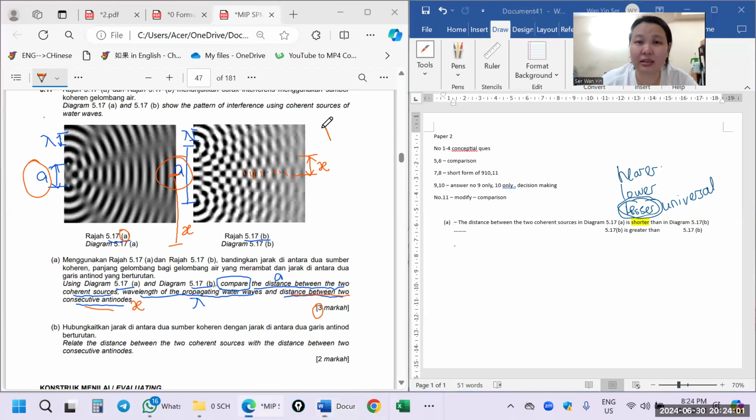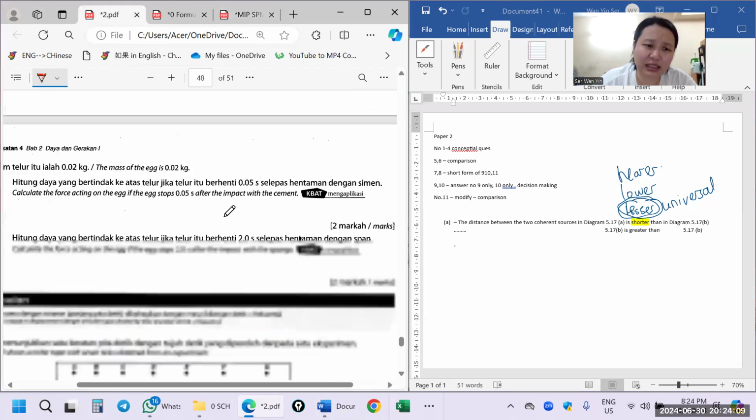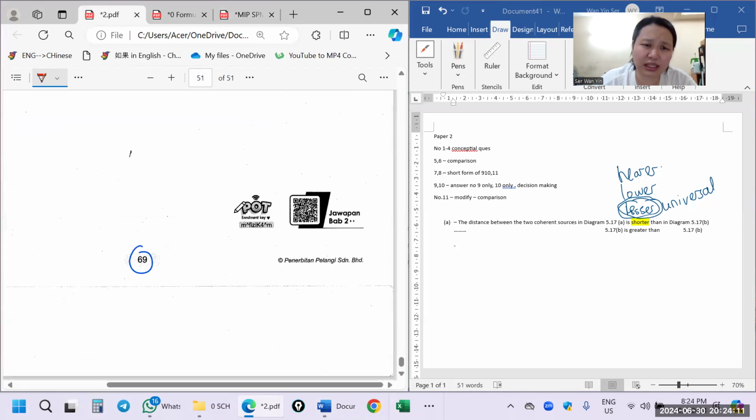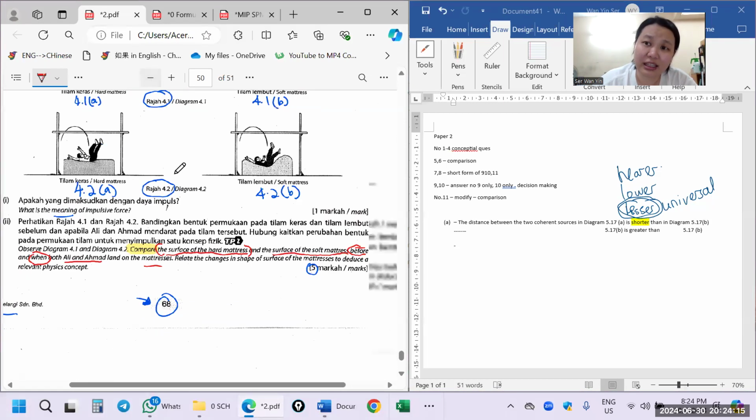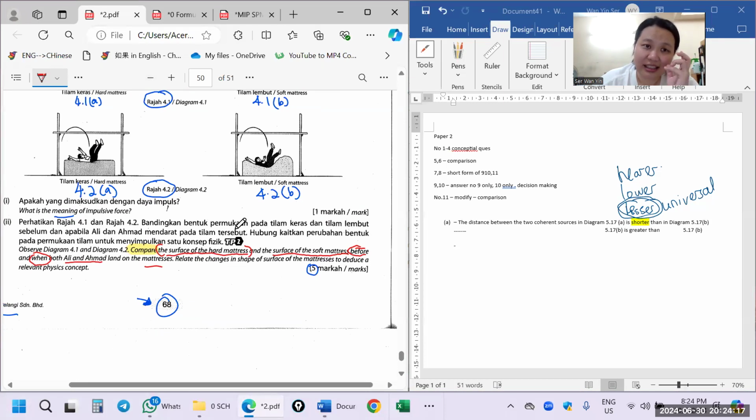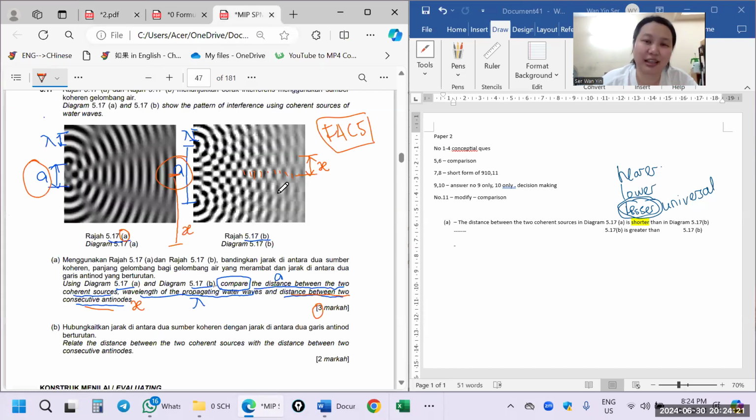You know what? This is Form 4, Chapter 5. But the format is the same. Just now I used your module, but I forgot the format is different from real SPM. So I got the real SPM question to tell you that the format is the same.